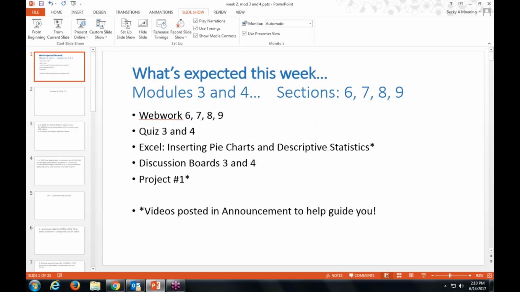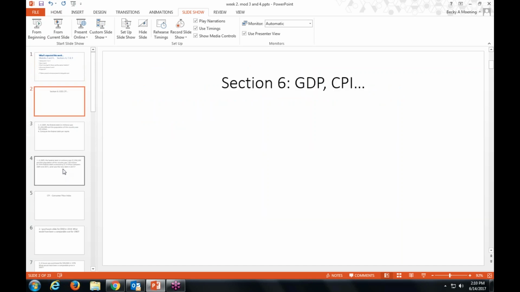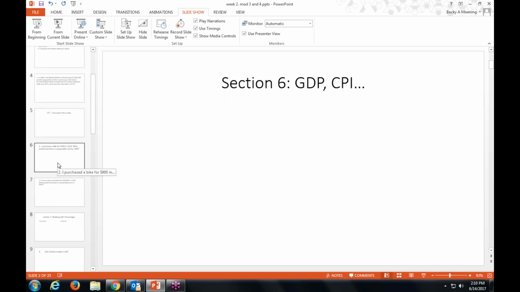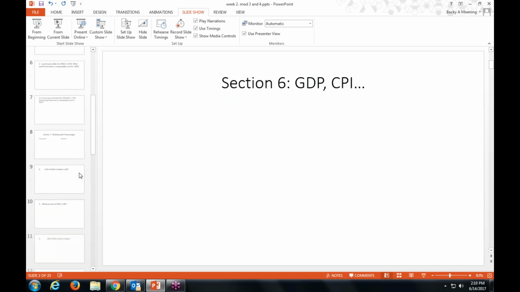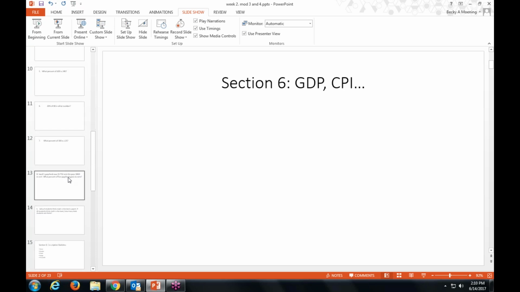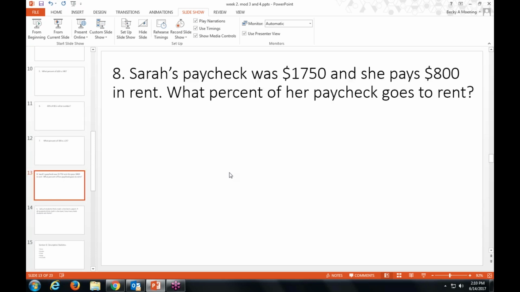Yes, what we just talked about. In section 7, working with percentages, which one is causing you issues? That last one, number 8. Even though you went through and explained it to us on how to set it up, I am still looking at it dumbfounded, trying to figure it out.